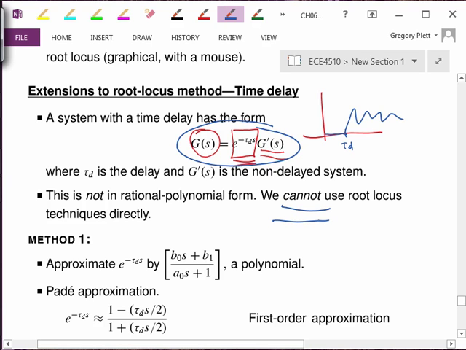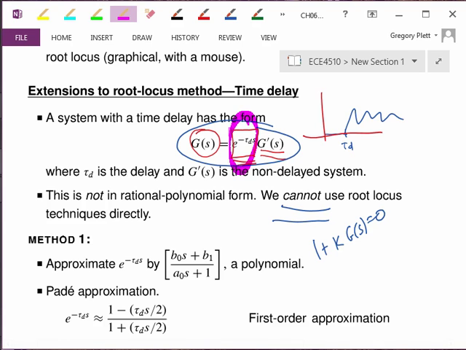So bottom line, we cannot use the root locus techniques that we have developed directly, even though a root locus plot does exist. We do have 1 + K G(s) = 0, but solving for where that locus is made much more complicated because of this e^(-τd s) that we'd have to consider as well. There's two methods that people use to at least approximate what this will look like.